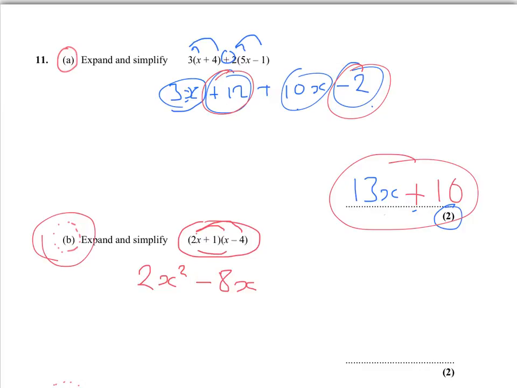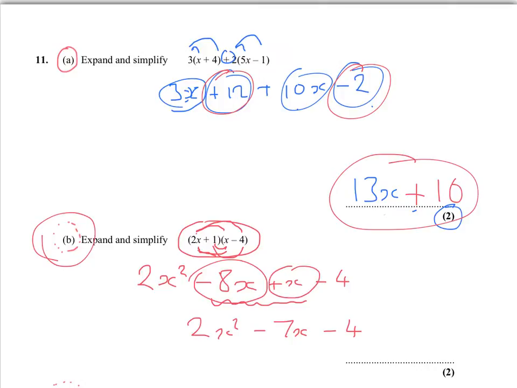Oh sorry, we've done 2x times, it's 1 times x is x, and 1 times minus 4 is minus 4, and then we can collect these two together in the middle, so 2x squared minus 7x minus 4, if you think about it, minus 8x plus an x is minus 7x. You've got to remember that you can't collect the x squareds and the x's together. They've got to stay separate. So 2x squared minus 7x minus 4.